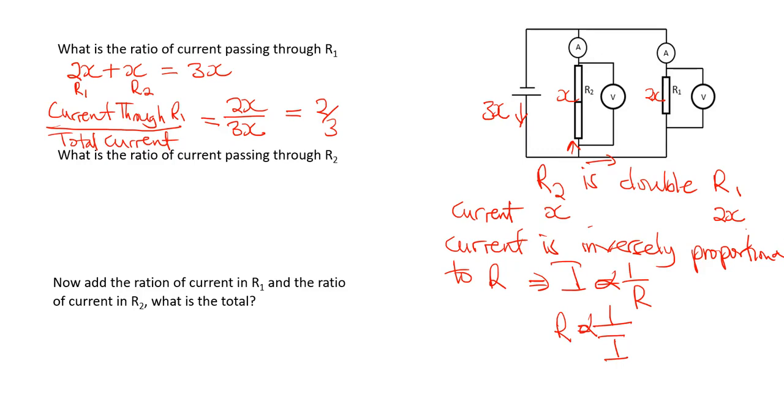So the ratio or the fraction of current passing through R1 is 2/3. So 2/3 of current will pass through R1.